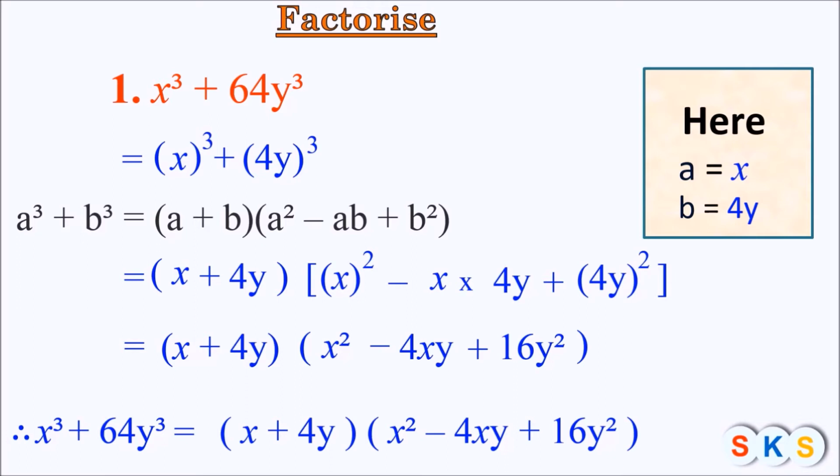So make a note: if you are finding the factorization of a binomial and both the terms are perfect cubes, then you have to use the formula of a cube plus b cube. So you need to learn this formula.